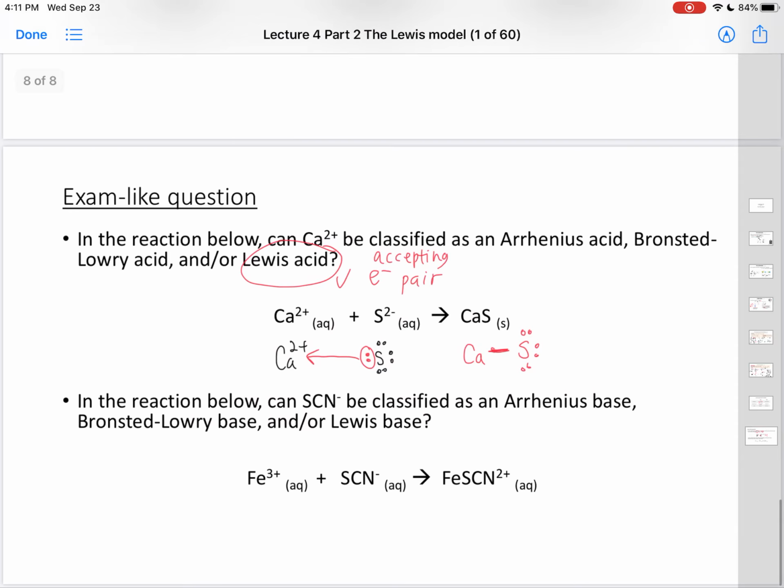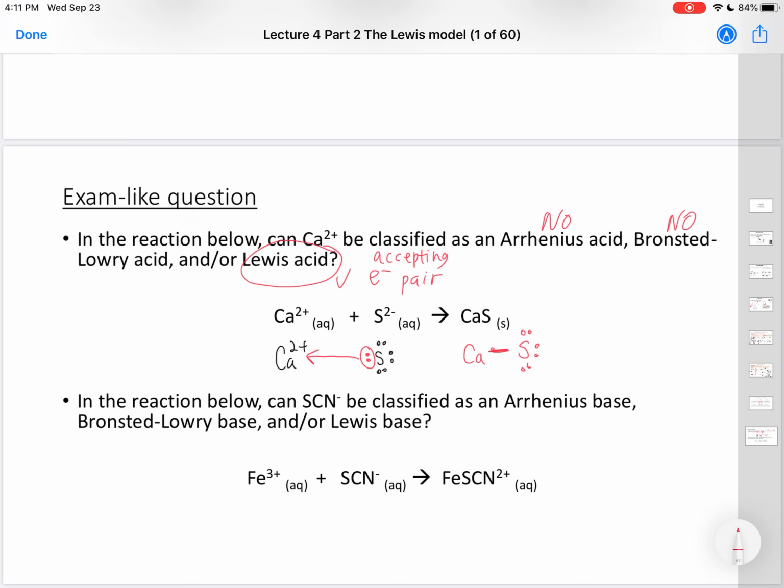In this case, okay, calcium is neither of those. It is not an Arrhenius acid because there's no H plus involved in this reaction. There's no hydrogen involved. Neither is it a Bronsted Lowry acid because, again, there's no H plus, okay? But under this newer model, the calcium absolutely can be classified as a Lewis acid, okay?